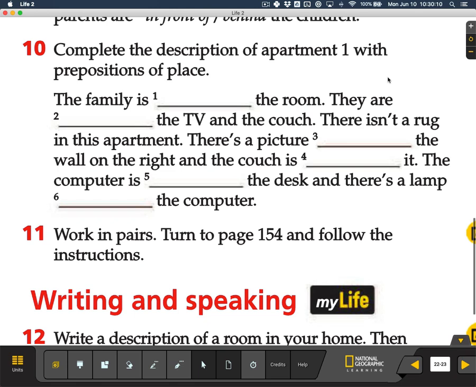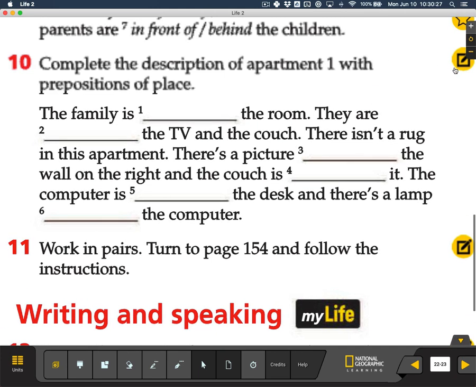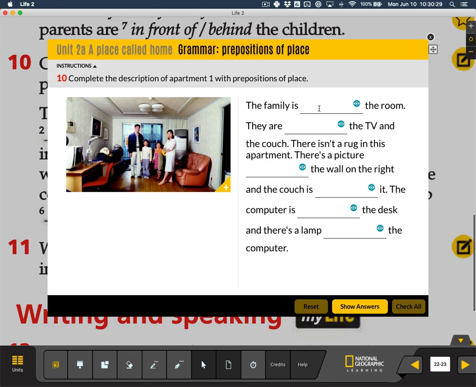Okay, under. The couch is under it. The computer is on the desk, and there's a lamp next to. Next to, right. Okay, so let's check those really quick. Okay, the family is, we'll just show them. That's what we said, right? Is in, between, on, under, on, next to. We got it. Good job. Okay.